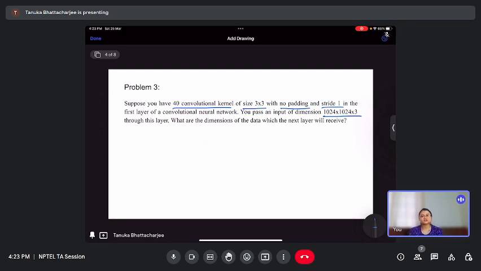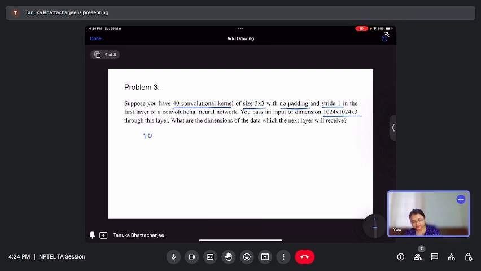Each channel has a 1024 cross 1024 matrix, so this gives you the entire image matrix. This is the input that you want to pass through the convolutional layer. What is the dimension of the data which the next layer will receive? Basically, what will be the output dimension after the convolution?